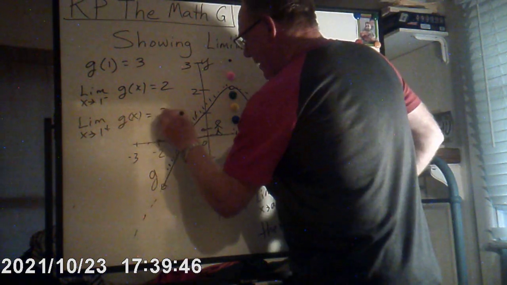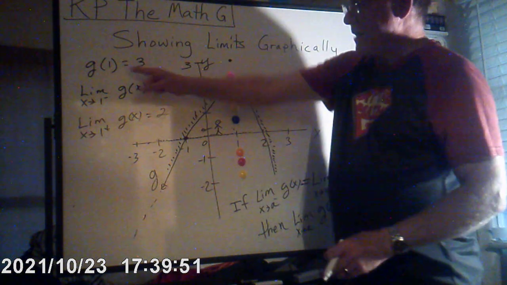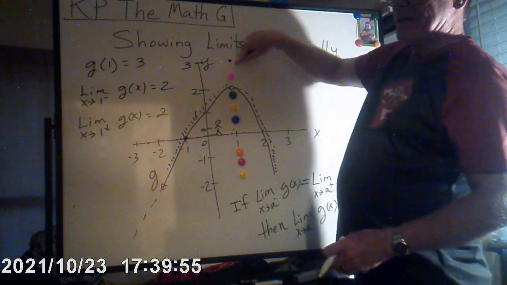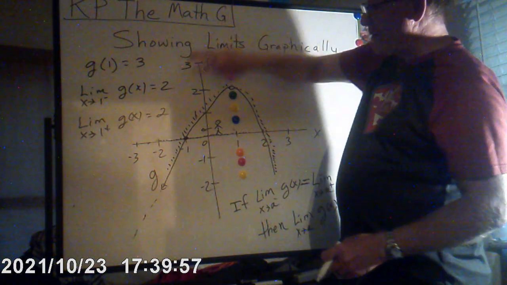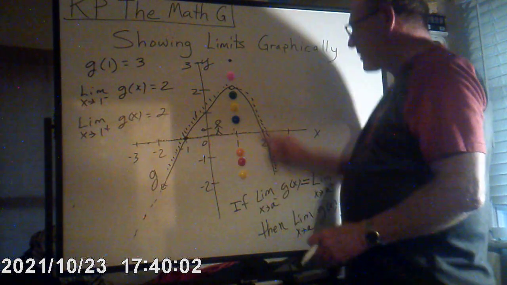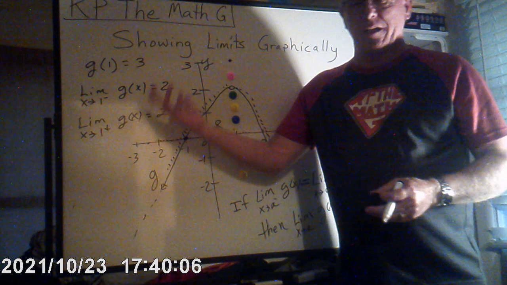So yes, it is at 2. Don't be confused. g at 1 is still 3. That's the solid part. But the limit is where the curve is, and we can easily see if it were solid, there would be no discussion here.